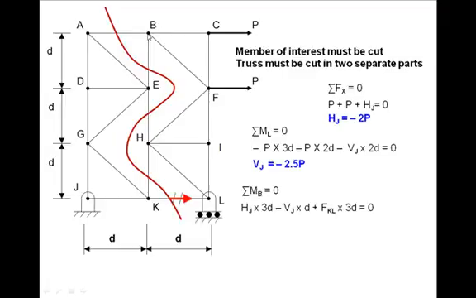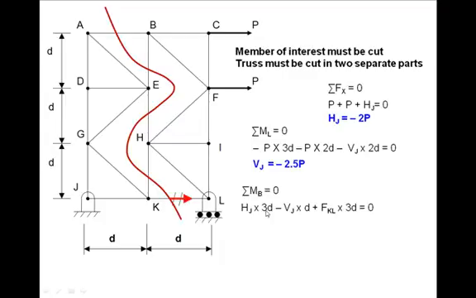Now what happens if I take moment about B? This member which is cut passes through B, this member which is cut passes through B, this member which is cut again passes through B, this member which is cut also passes through B, but this member which is of interest doesn't. So you will get the answer for Fkl in one step. Have a look at the equation.